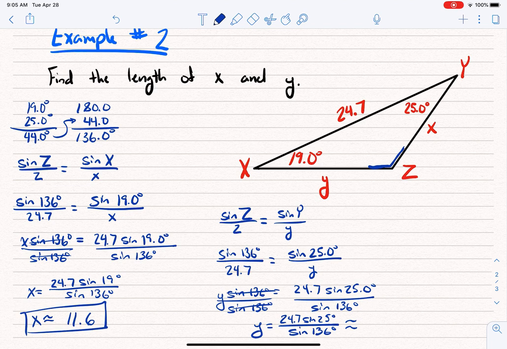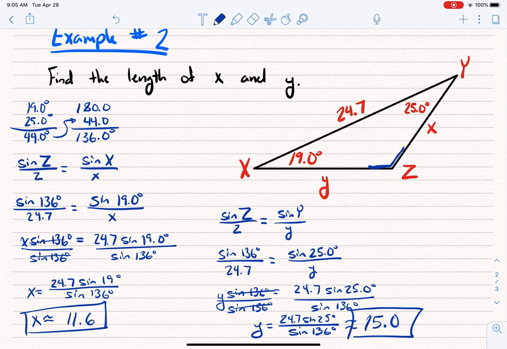And I get about 15.027057. So in terms of 3 sig figs, because I'm keeping everything in 3 sig figs, it's about 15.0. And so there's my answer. All right, x is about 11.6, y is about 15.0.